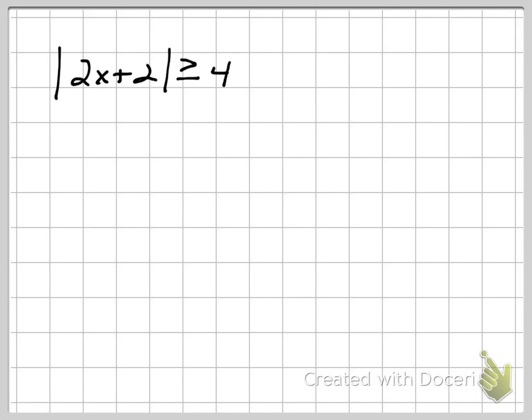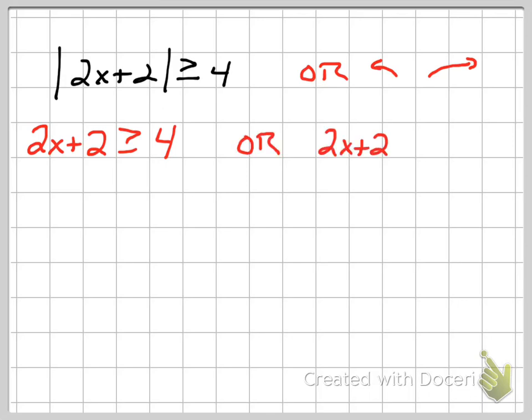Now it's going to break up into 2x plus 2 is greater than or equal to 4, and 2x plus 2 is less than or equal to negative 4. Notice how we flipped our inequality signs and we inverted our number. And now our job is to solve each of those like we did last Friday.